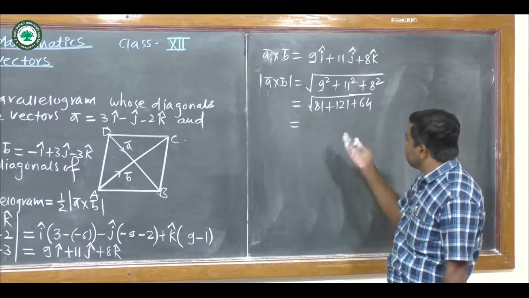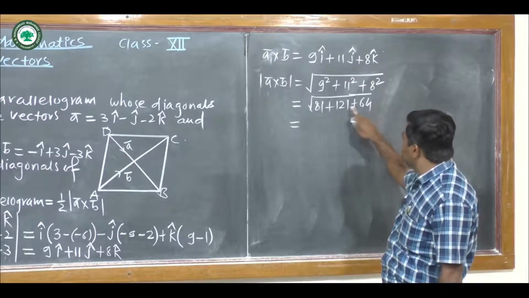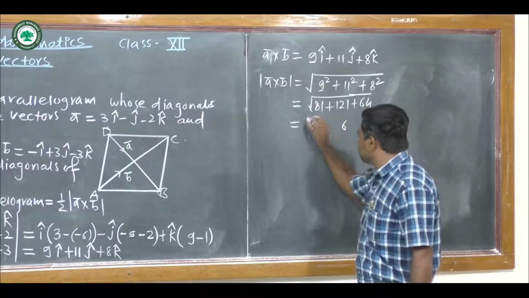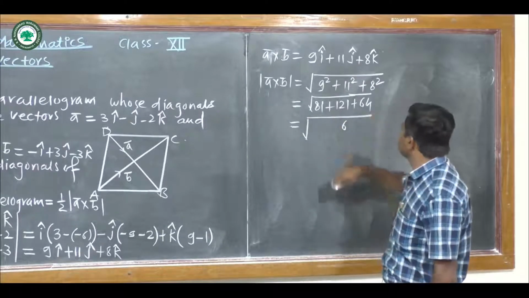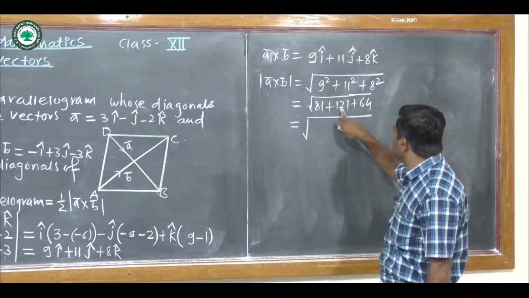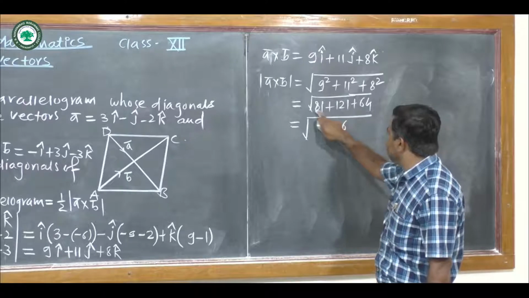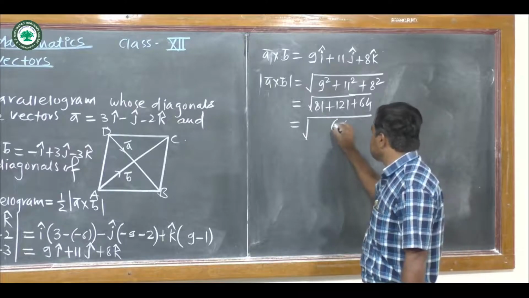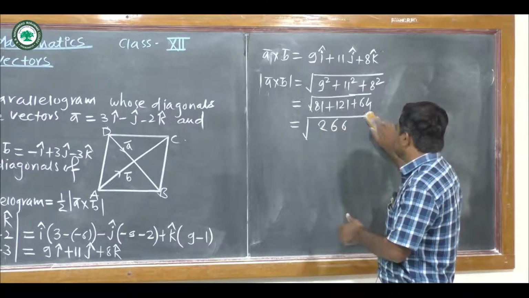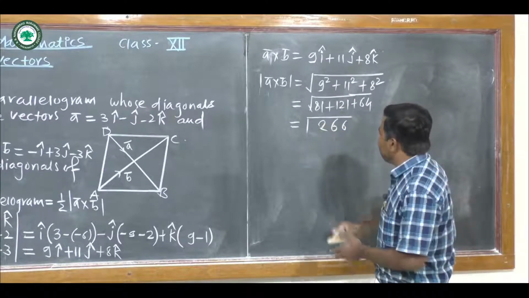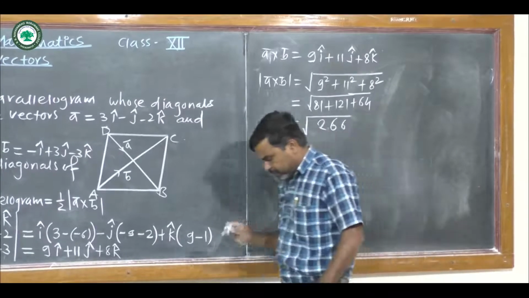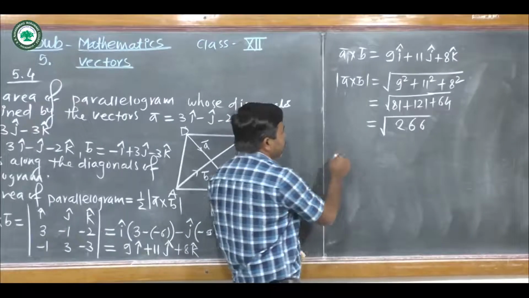Now take the addition of these, and it comes to 266. So the magnitude of A bar cross B bar is the square root of 266.